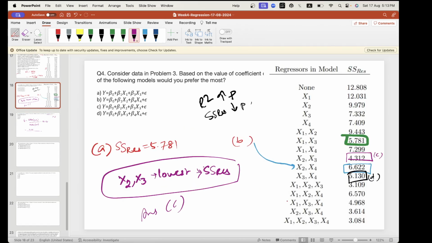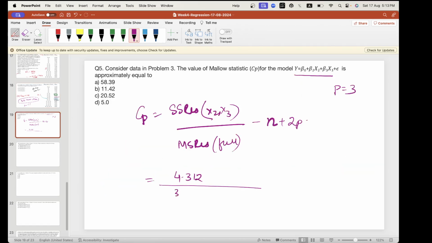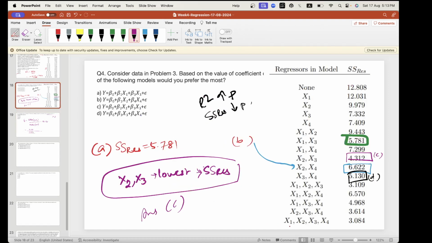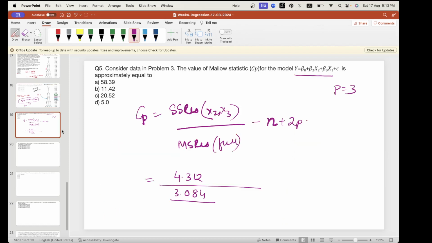MS residual full would be 3.084 by how many number of predictors? 1, 2, 3, 4. So if we have 4 predictors, then DF would be how many? DF would be 54 minus 5. Okay, and this minus n should be 54 plus p, number of unknown predictors 3, so it should be 6.